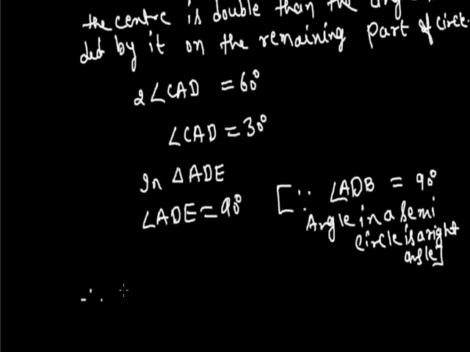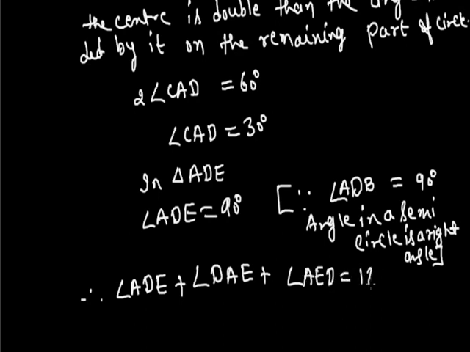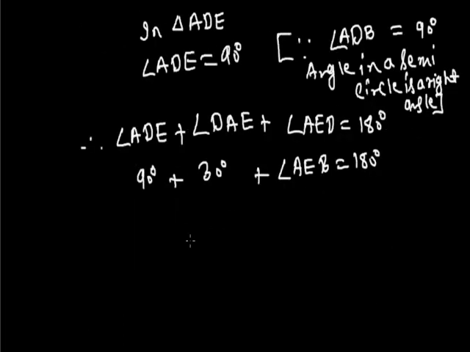Now angle ADE plus angle DAE plus angle AED is equal to 180 degrees. Angle ADE is 90 degrees. Angle DAE is 30 degrees. So angle AED, which can also be written as angle AEB, is equal to 180 minus 120 degrees, equal to 60 degrees.